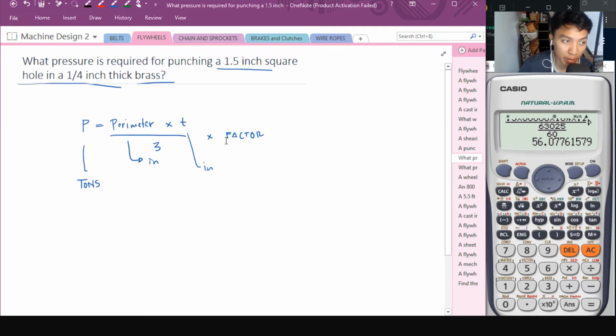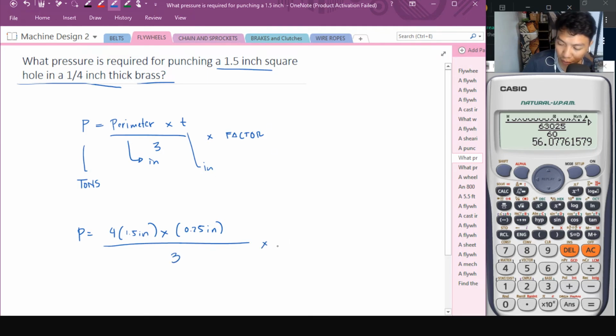Hindi dapat mag-iiba. So, pressure, that is perimeter niya 4 times 1.5 inch multiplied to the thickness of the plate, that is 0.25 inch divided by 3, and then you multiply it with the factor. So, the factor for brass, that is 65 tons per inch squared.